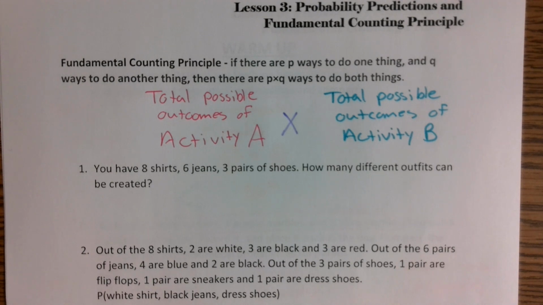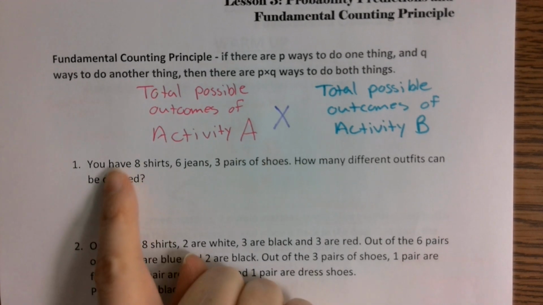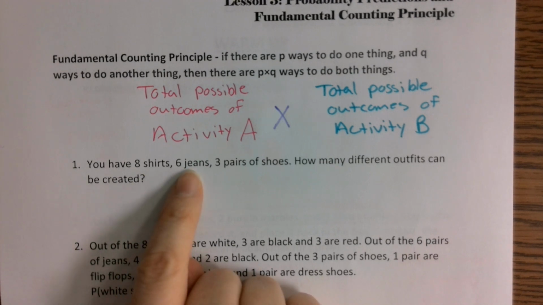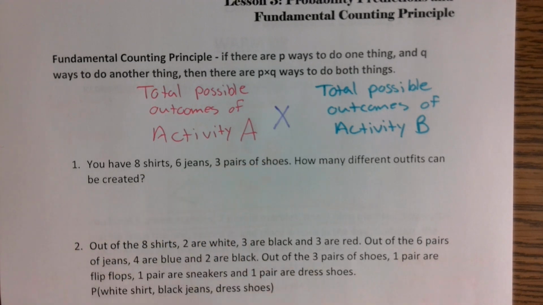You actually have a lot of different ways that you can combine those together to create different outfits. Okay? So for example here, 8 shirts. Only have 8 shirts, only have 6 pairs of jeans and 3 pairs of shoes.